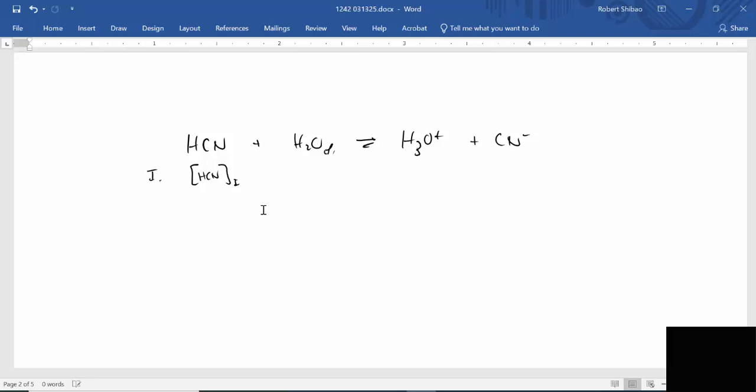So I'm going to reset this so that HCN hasn't reacted. And what that means is the hydronium in here is all going to be from water. And then we're going to have 0 from cyanide.